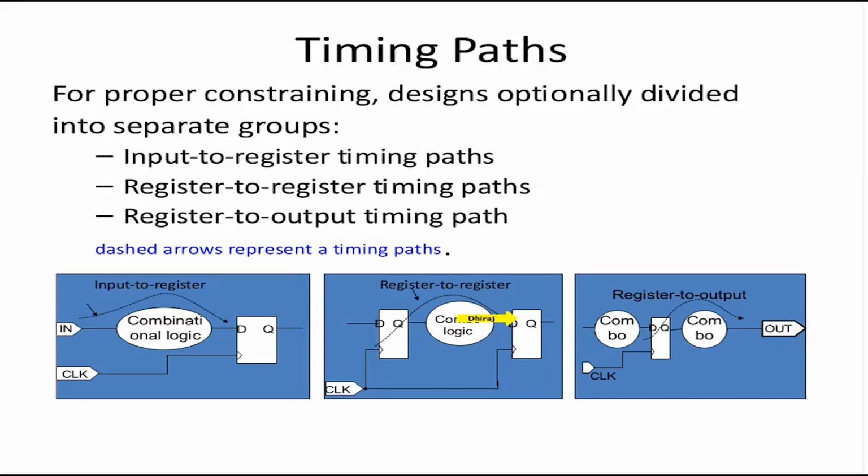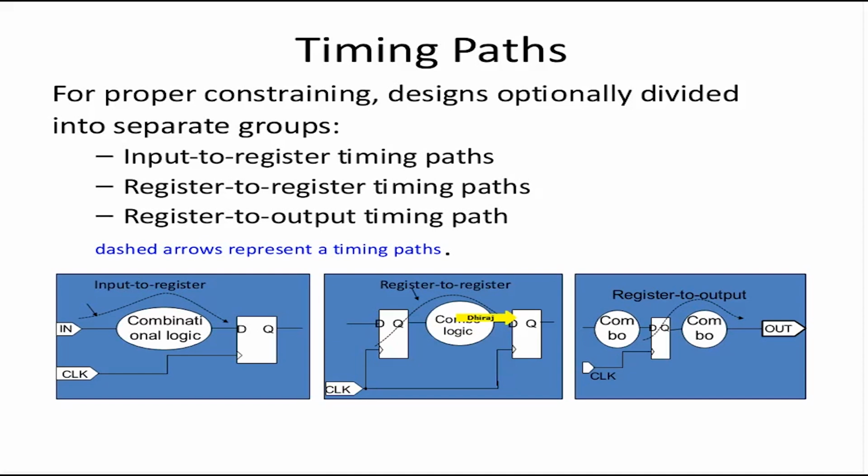So the equation here is that there are three things: the clock to Q delay and the combinational logic delay. The sum of these two, the data will be launched at this clock edge. It will arrive at D after the delay of a flop plus the combinational logic, and it should arrive here before the setup time of the next clock edge.